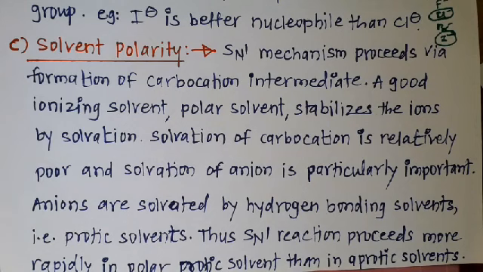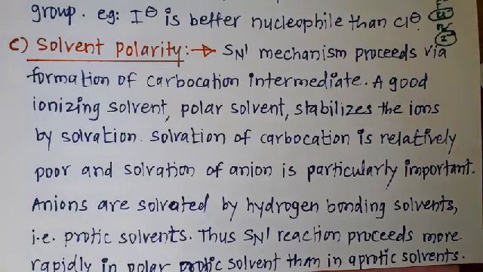Solvation of the carbocation is relatively poor, and solvation of the anion is particularly important for the carbocation, because in a carbocation the carbon carries a positive charge, and that should be stabilized by an anion through solvation. Means negatively charged species stabilize the carbon which carries a positive charge in the carbocation.